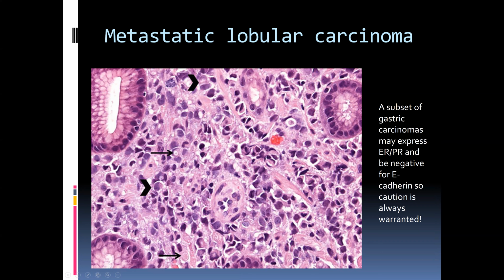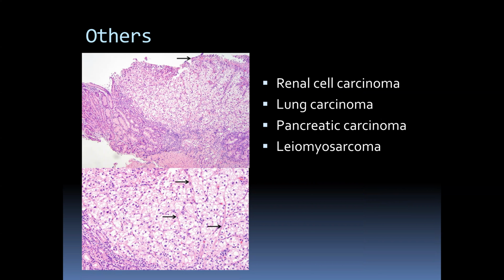So I guess the thing to remember is that if that's in your differential, it could be a little bit challenging, and you may even want to look at the molecular germline mutation in those patients to see if they have a CDH1 mutation. Other tumors that we can see in the stomach as metastatic lesions can include renal cell carcinomas, lung, pancreatic carcinomas, and leiomyosarcoma, either as a primary, although that's very unusual, or a metastatic lesion.